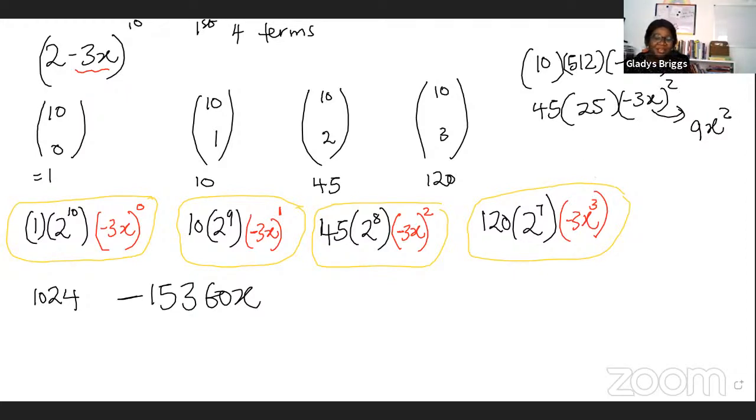That's a big number. 103,680. Yes. That's a big number. Yeah. Okay, so we write that down. Is it going to be plus or minus here? Plus. Plus 103,680x squared. Now let's deal with this one.